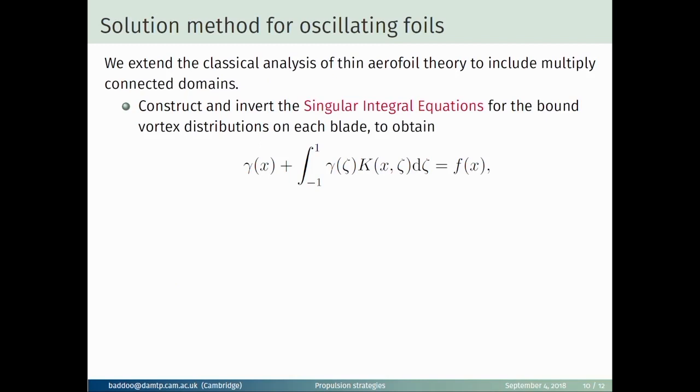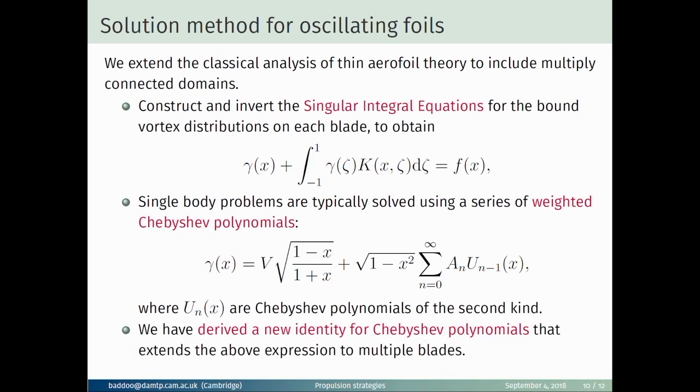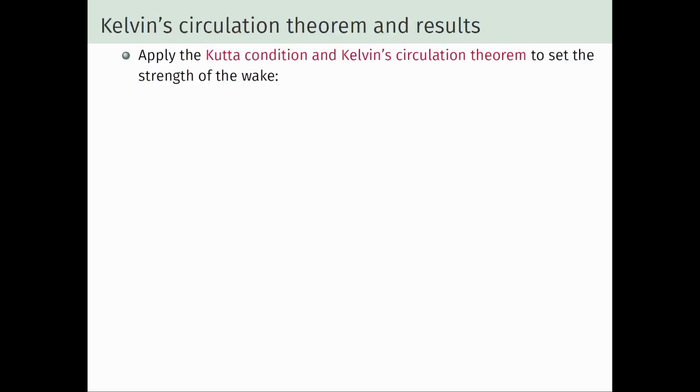And then we can solve these using weighted Chebyshev polynomials. But when we have multiple airfoils, this system becomes quite difficult, and you have a lot of double integrals. So we've derived a new identity for Chebyshev polynomials, which allows us to reduce the number of integrals needed, resulting in an infinite-dimensional linear algebraic system for the A_n, which we can truncate and then solve easily in MATLAB.